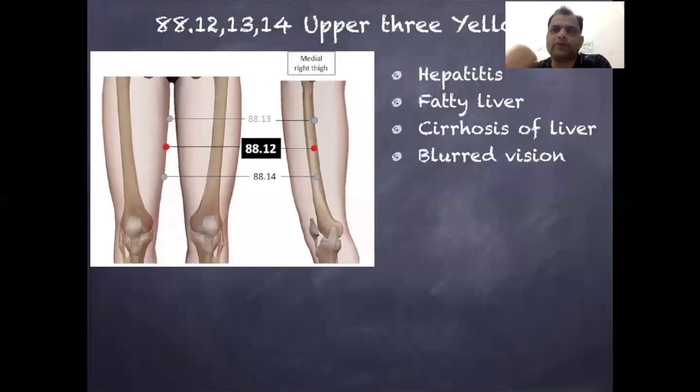In my Ayurveda clinic, how I use these points, I tell my massage therapist to do the massage in this part, if I feel this patient needs Upper 3 Yellows treatment. And if someone is having a problem of vision, a problem of the liver, this part is paining a lot.